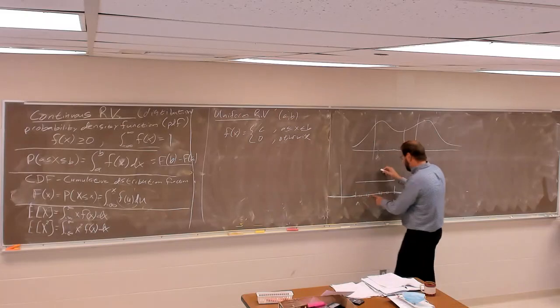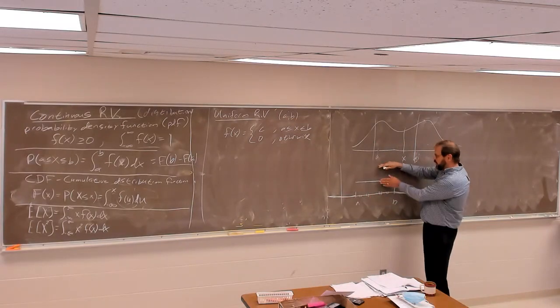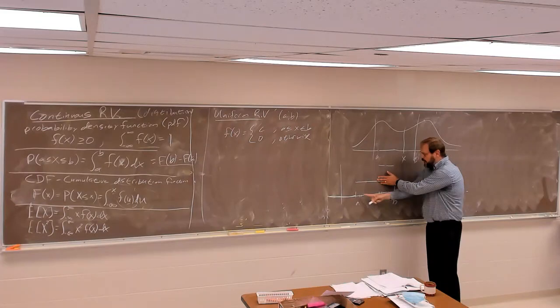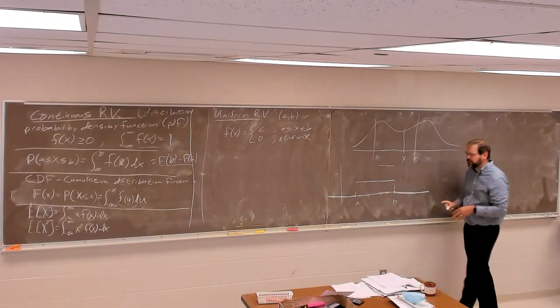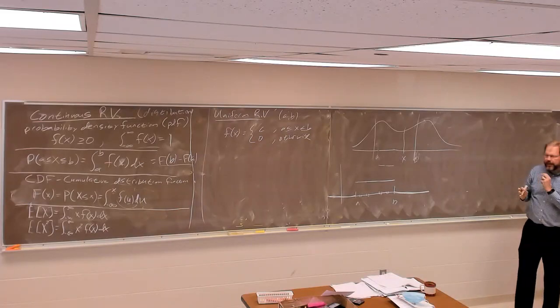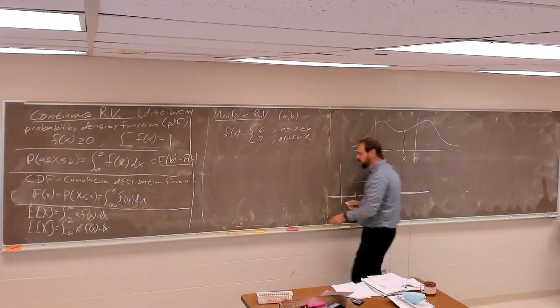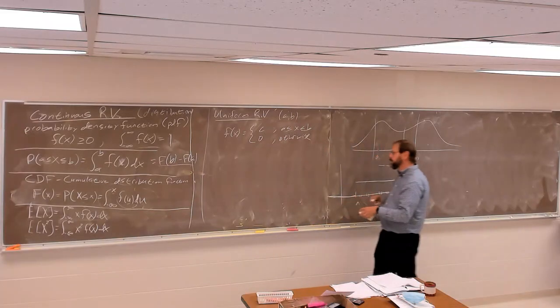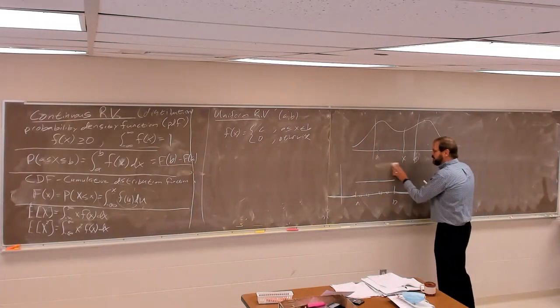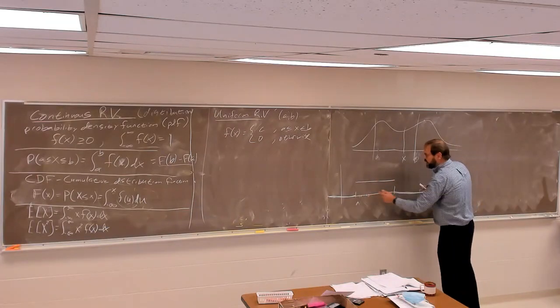If there's a part where the probability density function is twice as high at one part than the other, then the probability of ending up here would be twice as likely as the probability of ending up here. Or in that small neighborhood, again, given that we're talking about equal widths. So the height of the probability density function is telling me a likelihood of ending up in a particular area, and so I can sort of compare different areas.